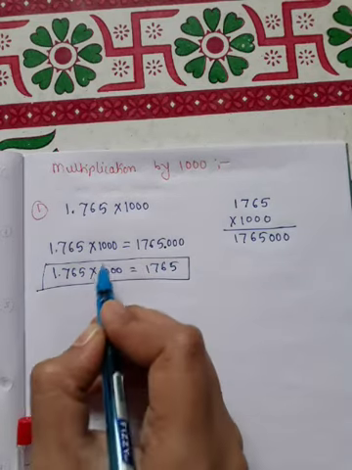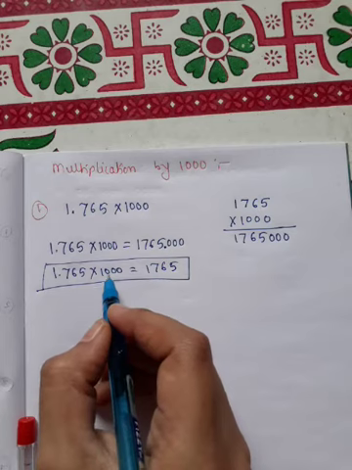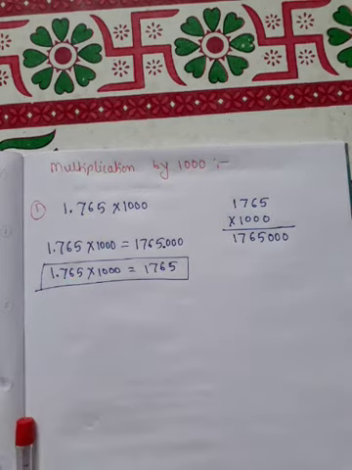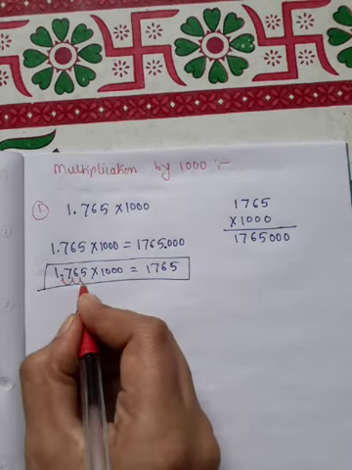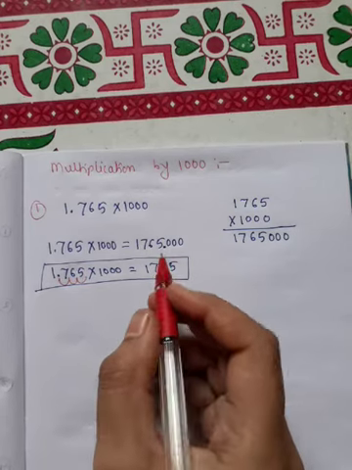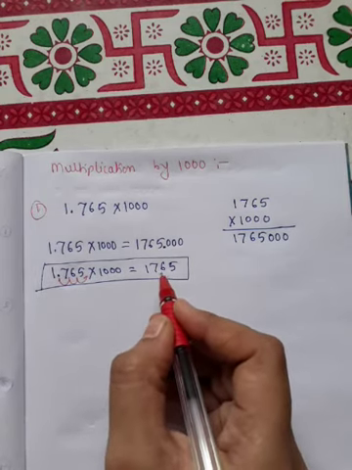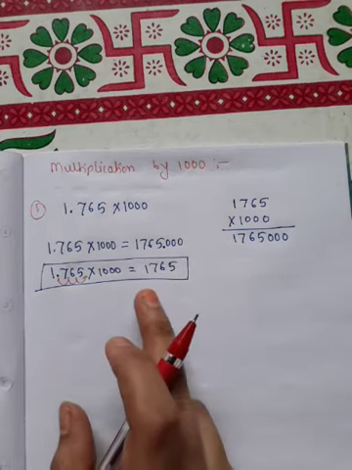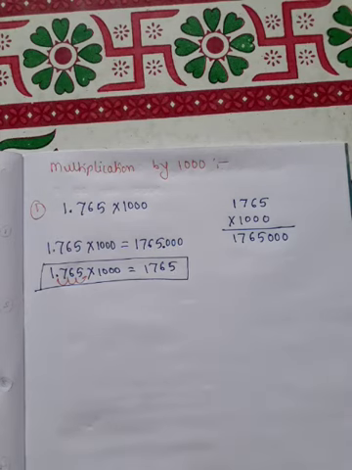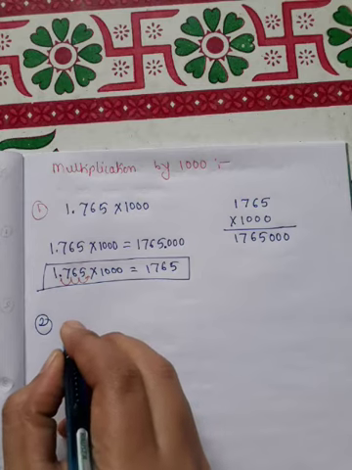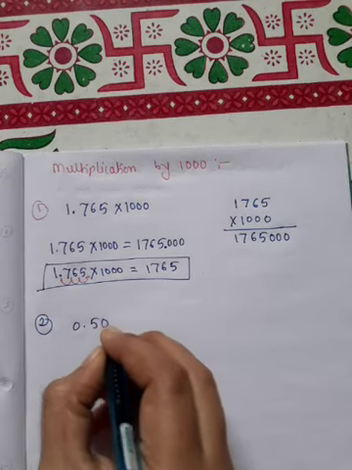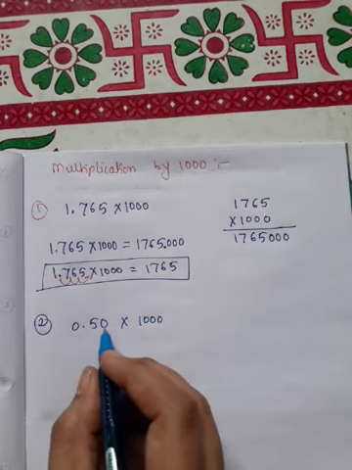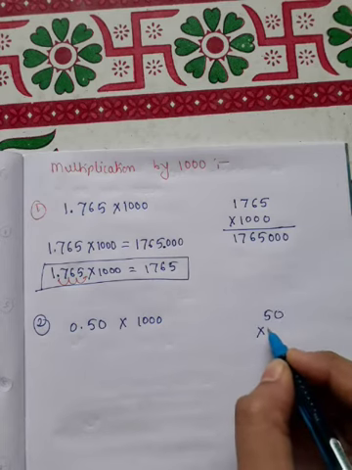So see, when we multiply a number by 1000, there are 3 zeros, 1 2 3. Therefore the decimal point is shifted to the right by 3 units, 1 2 and 3. So we get the product 1765.0. Okay, so .0 doesn't matter, so we can write 1765. Now see the second example, 0.50 into 1000. When we ignore the point, the number will be 050, and 050 means 50 into 1000.